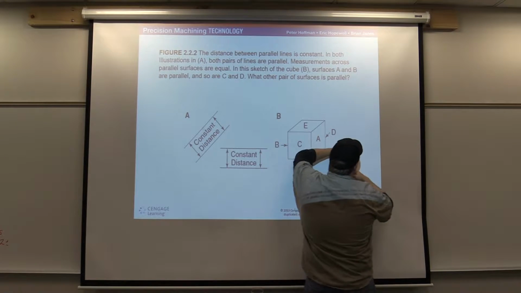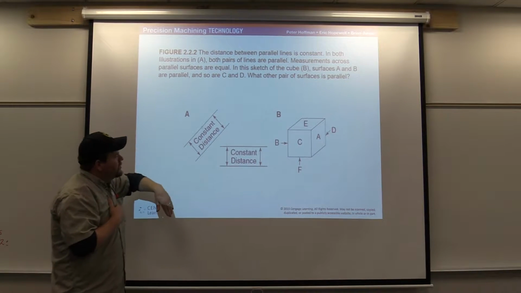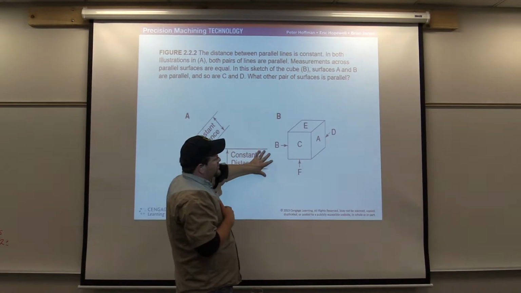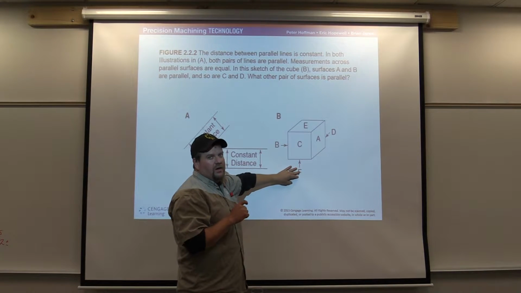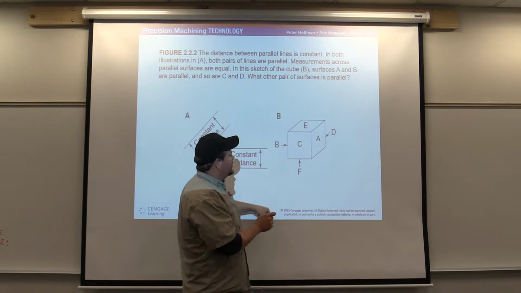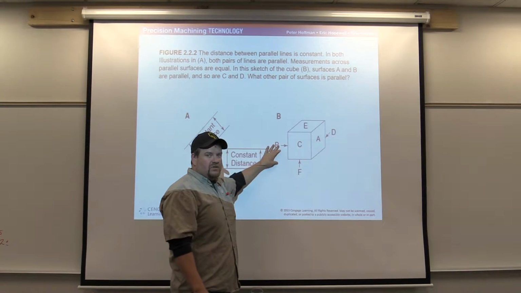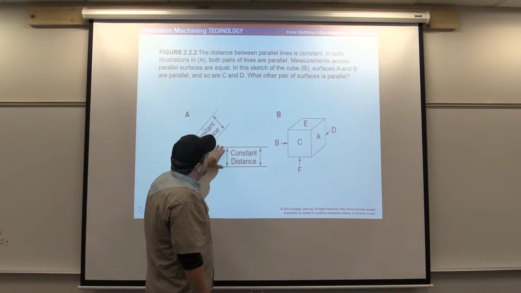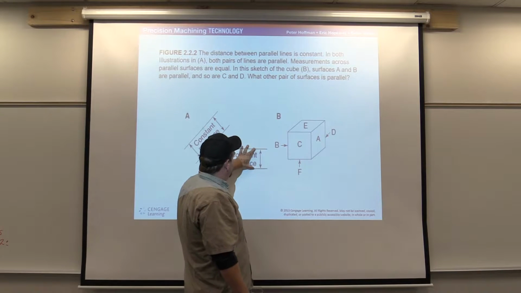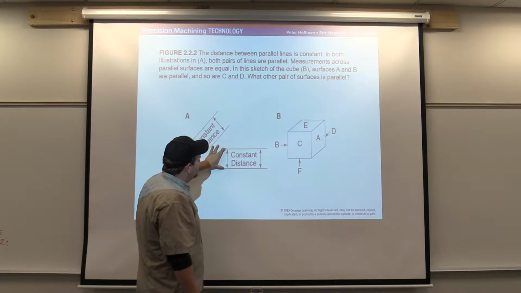Way down here, eventually, it will touch each other, okay? So it also depends on the size as to the sensitivity and the tolerances as well. So if we're talking about a 1 inch piece, it should be within 1/1000ths of an inch to 2/1000ths, roughly.